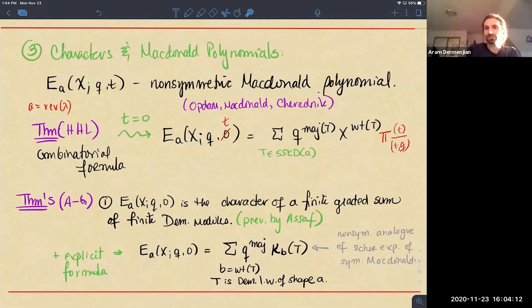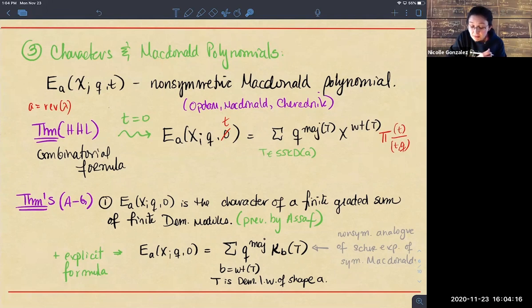Are there other questions? Or maybe allow me to say one thing that we might have hope for. Again, I haven't actually looked into this, but I've briefly talked about this with a couple of people. The idea is that even though we don't have a formula for these in other types, we just have a formula in type A, the notion of a crystal makes sense in other types.